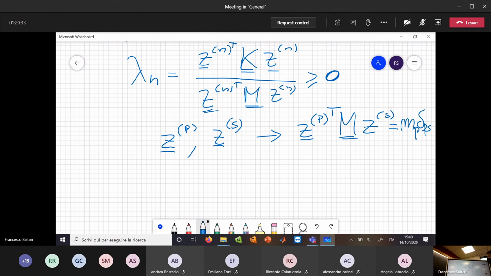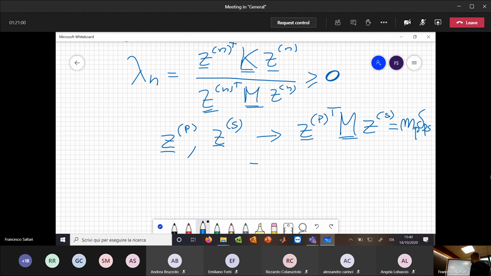This means that these eigenvectors are able to diagonalize our mass matrix, and in particular we will have a mass matrix that is everywhere null except on the diagonal, where we have a non-null term equal to m p when p is equal to s.